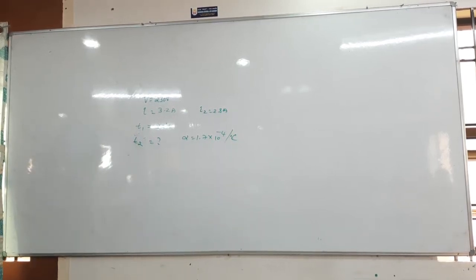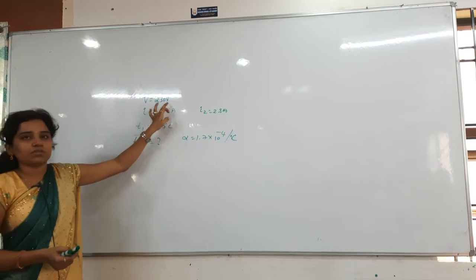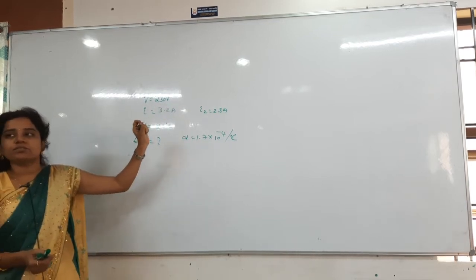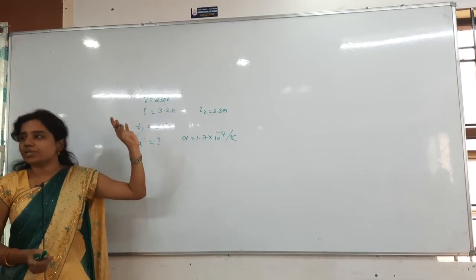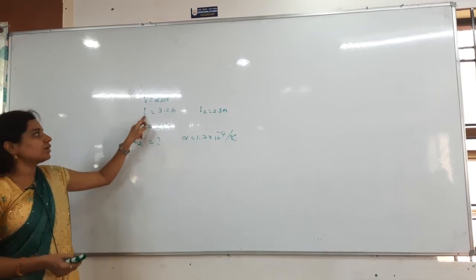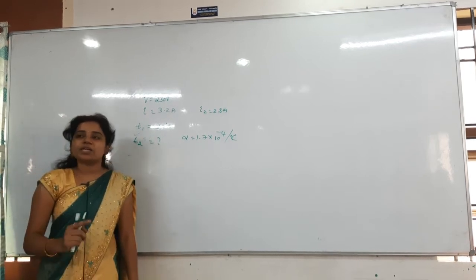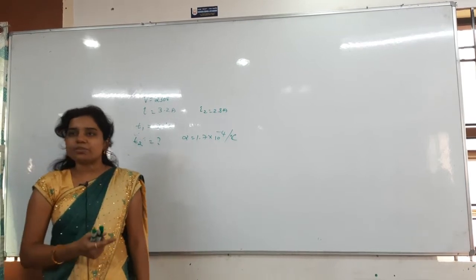Look at that first and understand the question. A nichrome material is connected to 230 volts at room temperature, 27 degrees Celsius. Then it is drawing 3.2 amperes. After that it comes to the steady state.